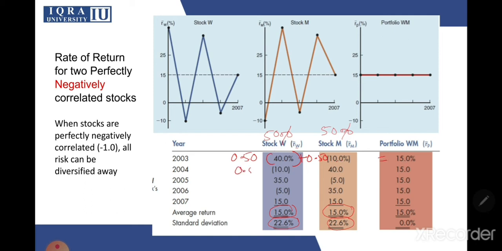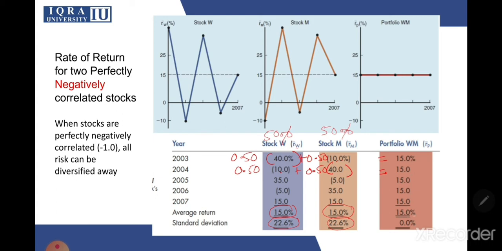Similarly, 50% of your investment in stock W, plus 50% of your investment in stock M, you can again multiply and add both of the values, it will again come to 15%. So over here you can see that the return is constant regardless of which year.